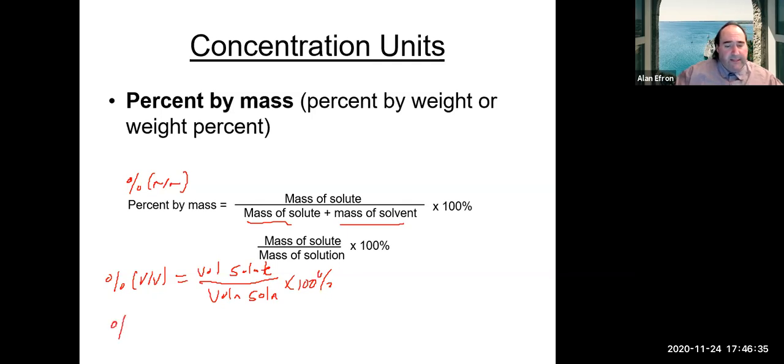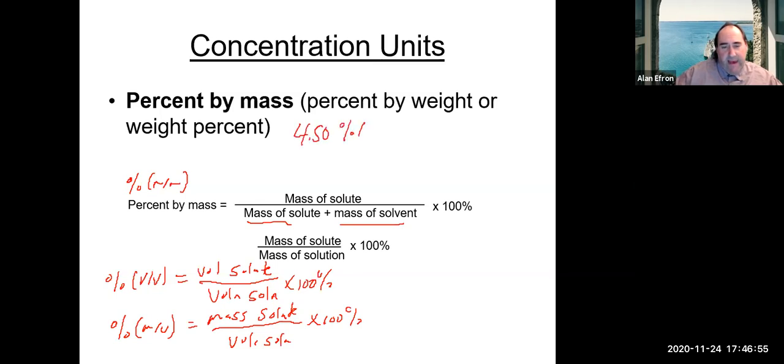There's also percent mass to volume, which is again our mass of our solute divided by the volume of solution times 100%. And remember that, if you had, say, a 4.5% by mass solution of sodium chloride, you can use it as a conversion factor.